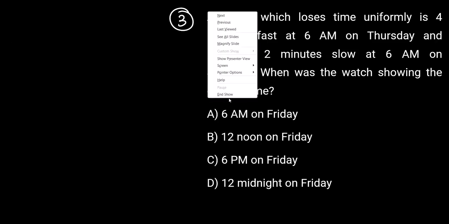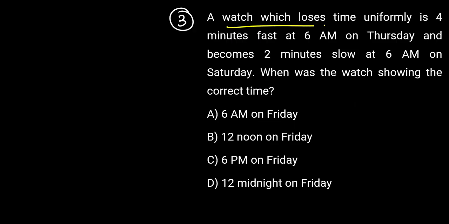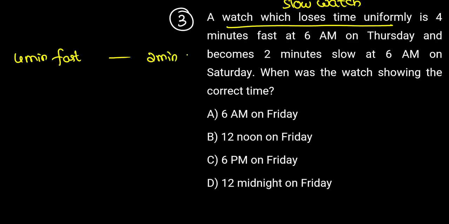A watch which loses, so your watch is a slow watch. You keep it 4 minutes fast, then it becomes 2 minutes slow. So what is the change here? Don't say 2 minutes, please. Plus 4 to minus 2, 6 minutes.